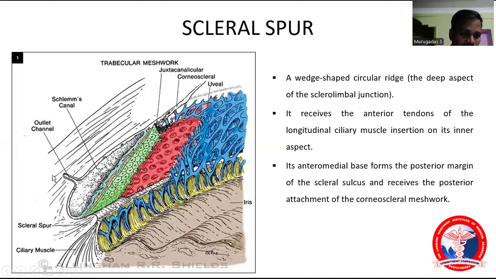This is the sclerolimbal junction, the deeper aspect of which contains the wedge-shaped circular ridge, called the scleral spur. It receives the anterior tendon of the longitudinal ciliary muscle insertion on its inner aspect. We will see in detail about this muscle arrangement in the next slides.